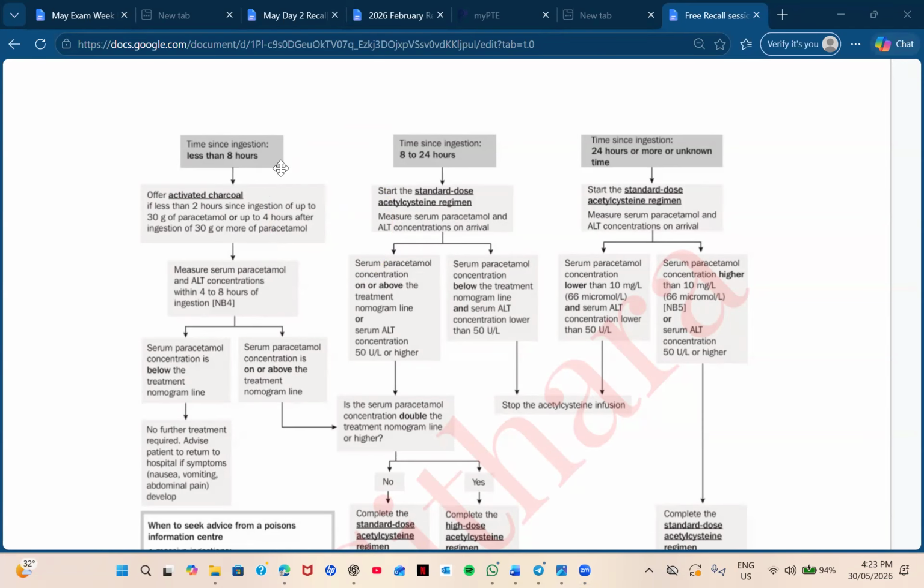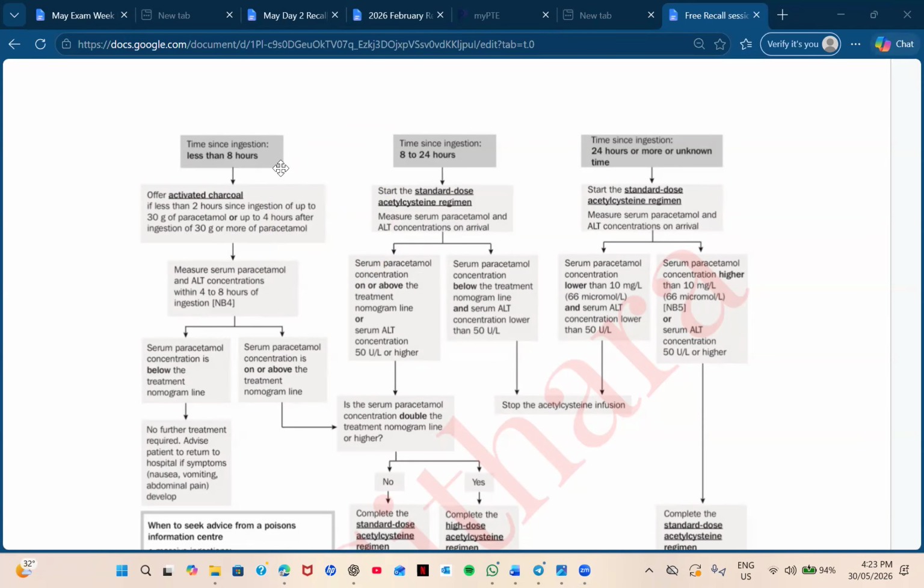So 5 hours ago, what should you do here, doctors? Can we give activated charcoal? Just yes or no. No, right?